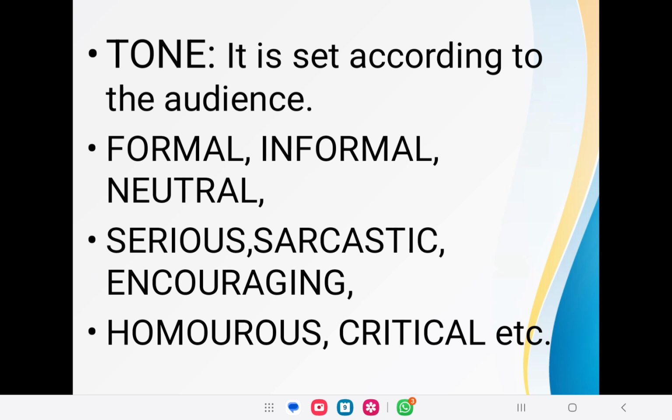In the next video, inshallah, we are going to discuss what register is, because mostly the students who are beginners, who are going to start directed writing tasks, are not very clear about the register. So we are going to discuss it in the next video.